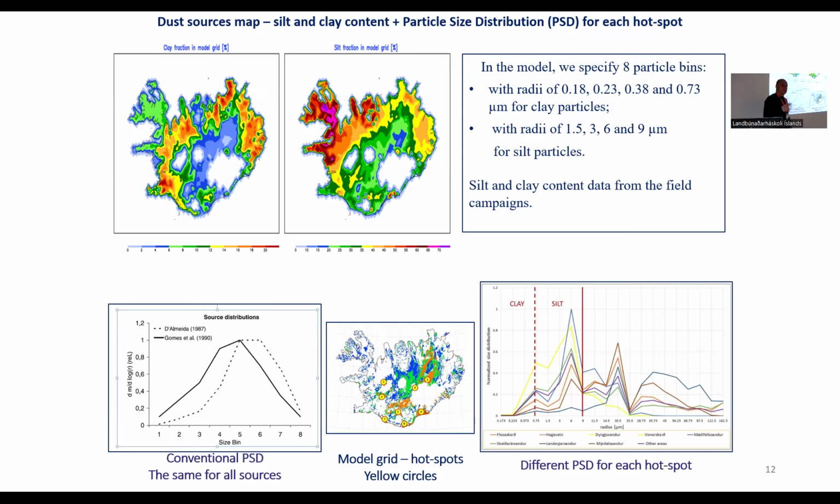We know there are a lot of differences among the dust hotspots. So based on the observed diameters, we implemented for each dust hotspot its own particle size distribution, in other words, how the mass is distributed over the bins.